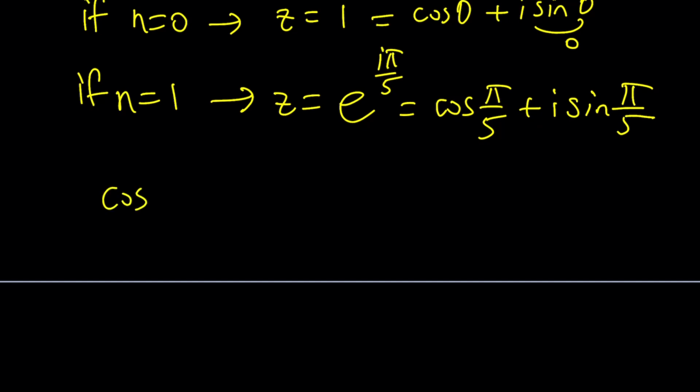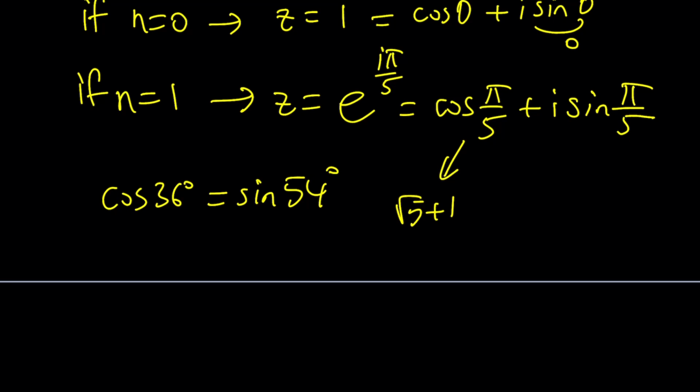I hope you know that, and I recently made some videos that touch upon that, but cosine of 36 degrees, which is the same thing as sine of 54 degrees, by the way. And for sine of 54 degrees, you can do lots of different things. You can use a pentagon, you can use double angles, so on and so forth, but I'm going to give it to you to keep a long story short. Cosine π over 5 is (√5 + 1)/4.